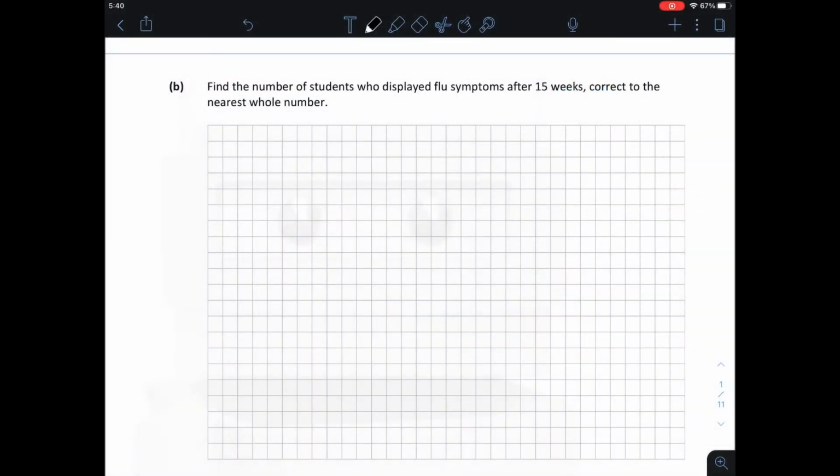Okay, in part B, we're asked to find the number of students who displayed flu-like symptoms after 15 weeks, correct to the nearest whole number. So we're going to use the equation that we just created in part A to find this value. So we're looking for when t is 15, what is the population? Let's write down our equation, P(t) equals 4e to the power of 0.25t.